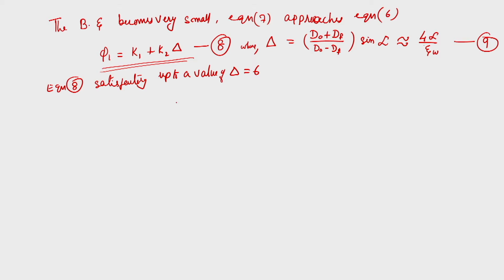And you will find that a lot of work has been done, some values of K1 and K2. So maybe we can write it in a table form. We can write K1 and K2 in the annealed condition.